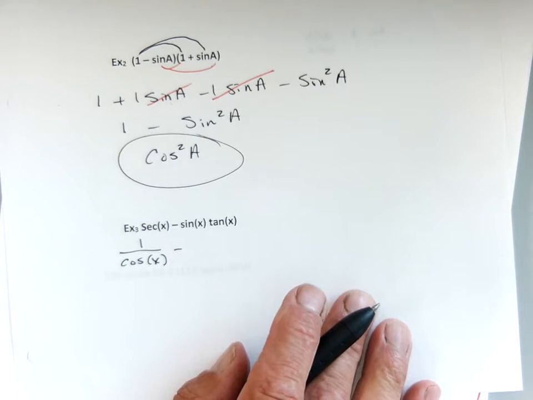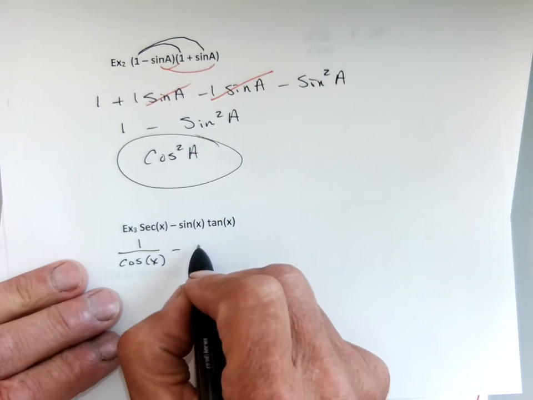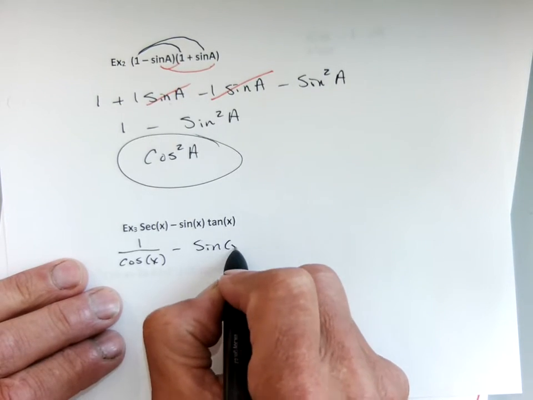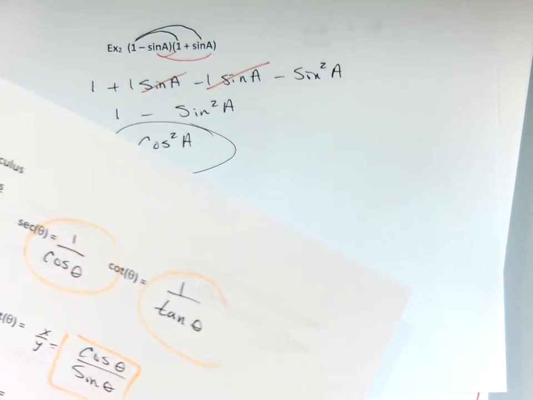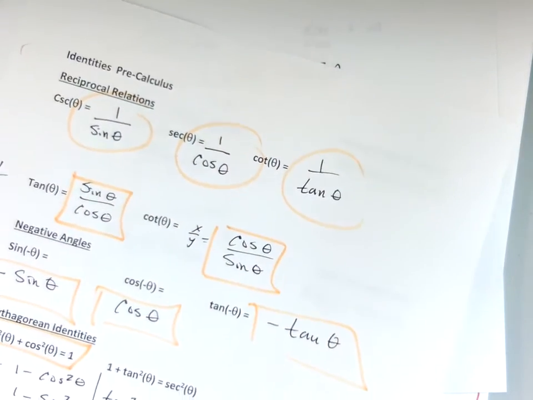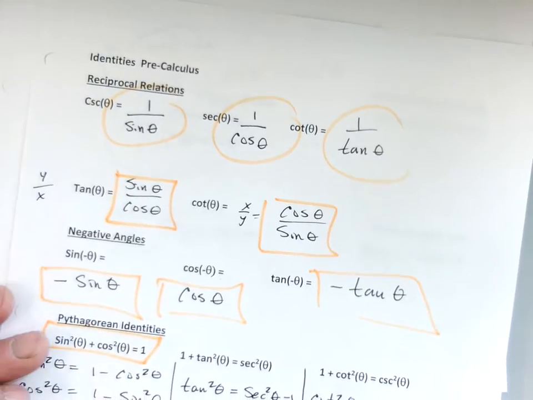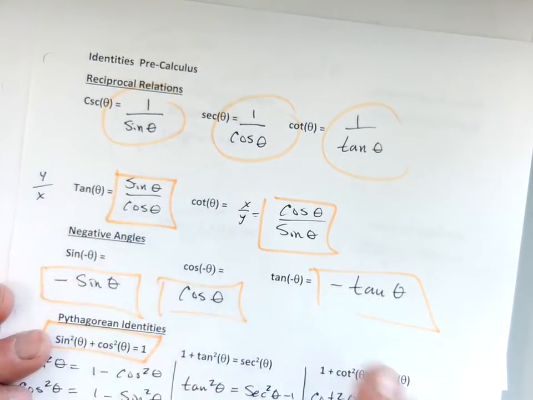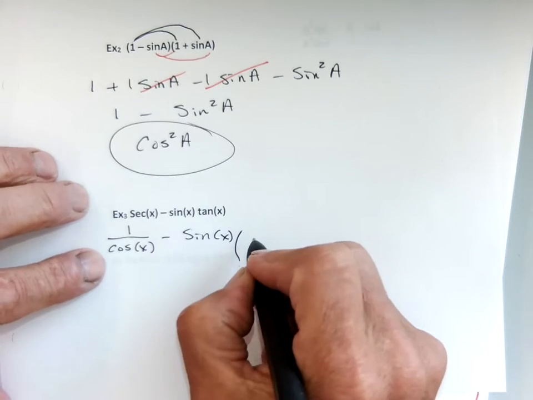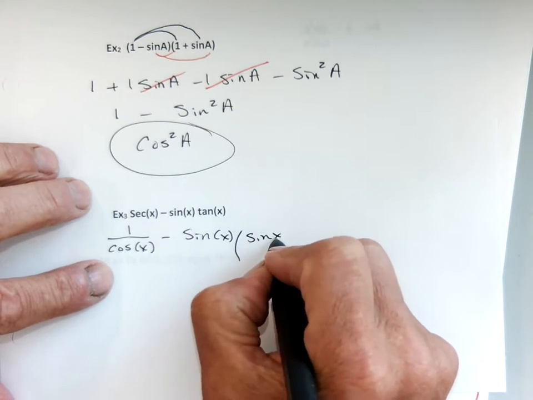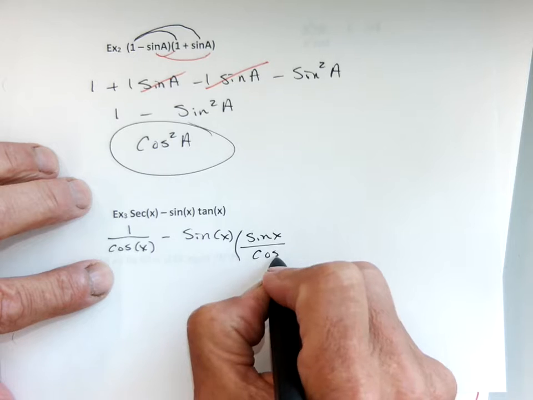They're the most basic. Rarely will we change them, rarely. And then tangent, well, what do we know about tangent? Well, tangent on our identity sheet could be rewritten as sine over cosine, right? There's my identity sheet. So I'm going to rewrite my tangent as sine of x over cosine of x.